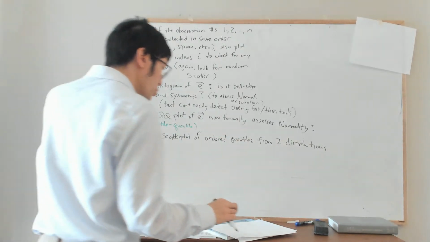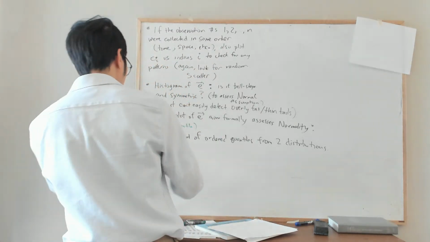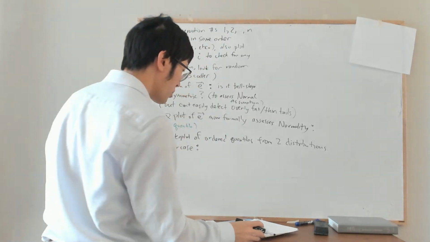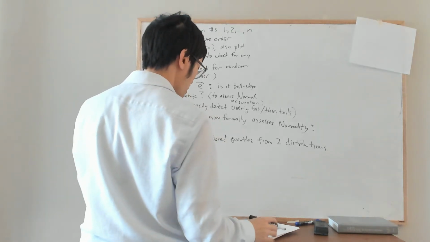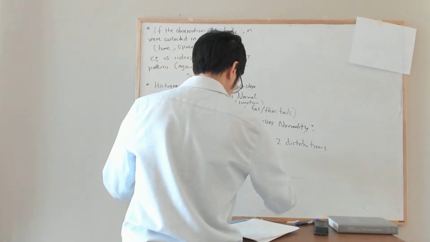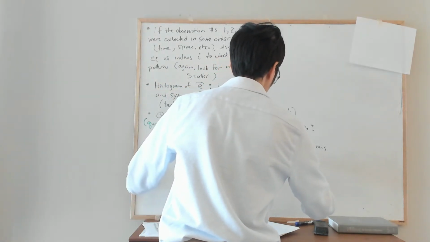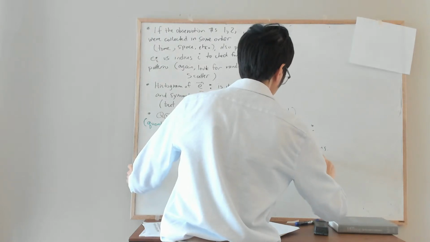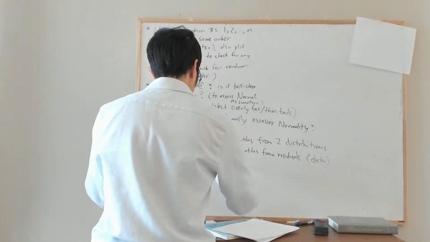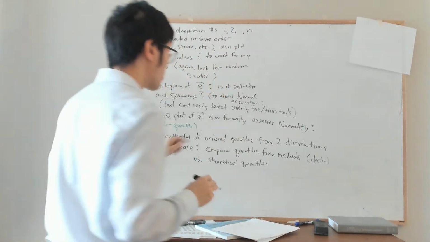So we have the quantiles from the data, which we can call the empirical quantiles from the residuals, versus the theoretical quantiles from a normal distribution.